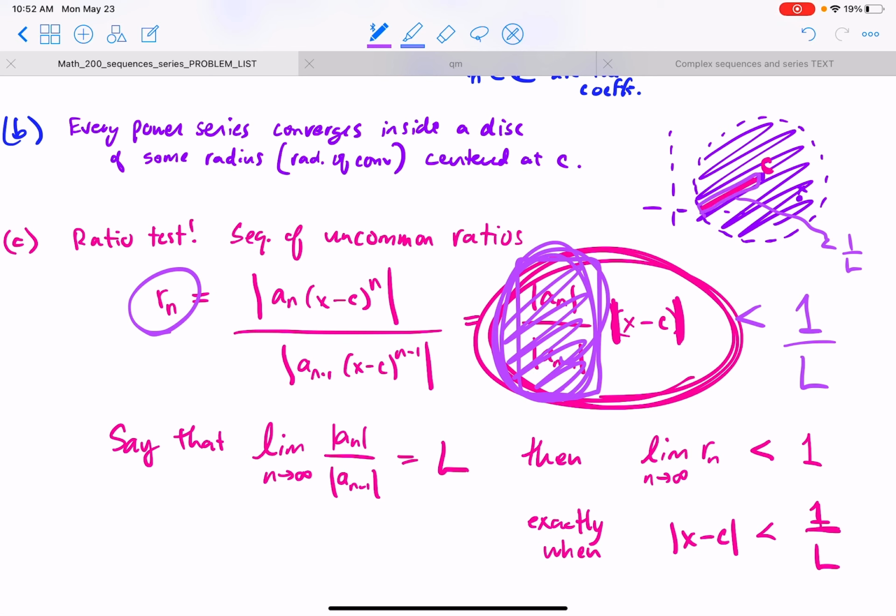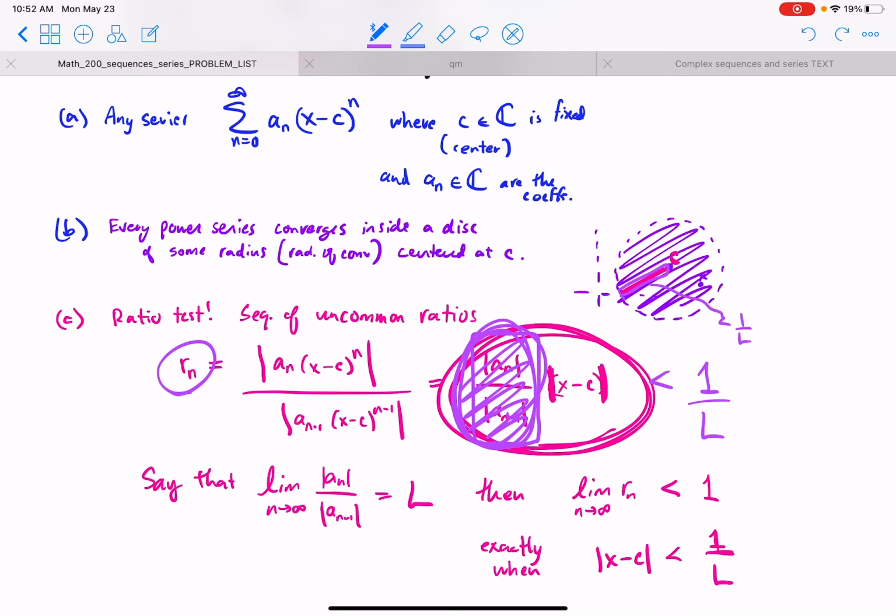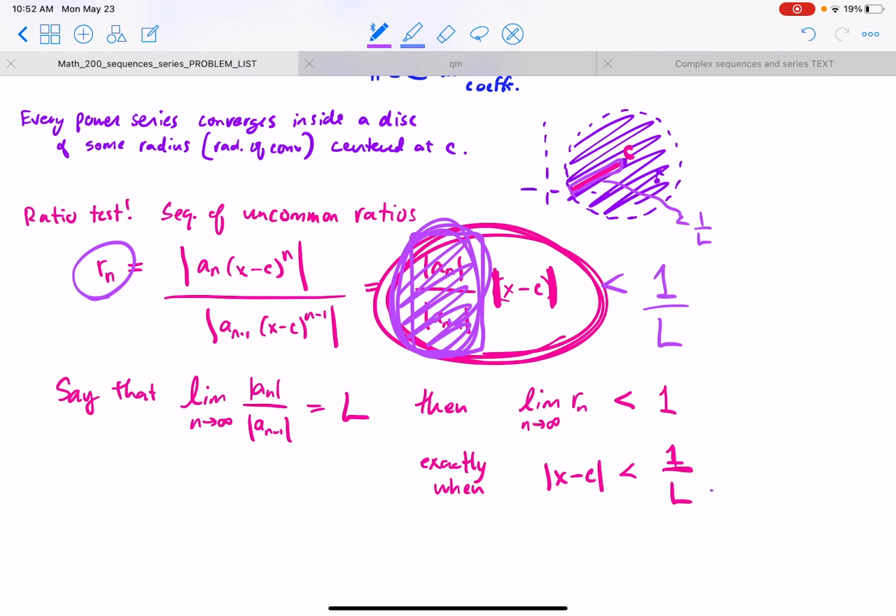Because x has to be close to c. x has to be within 1 over L of c. So that's when it converges by ratio test.